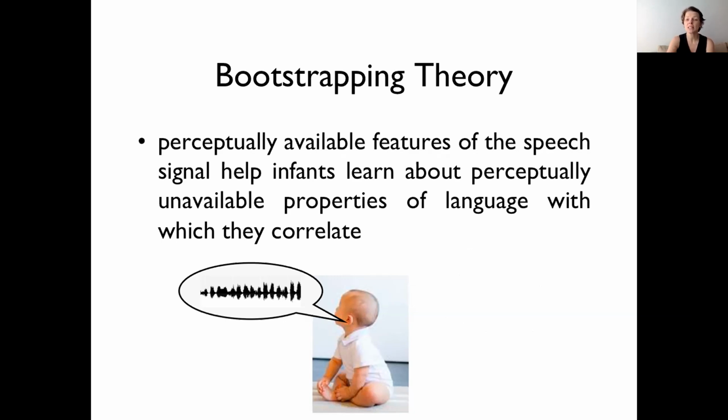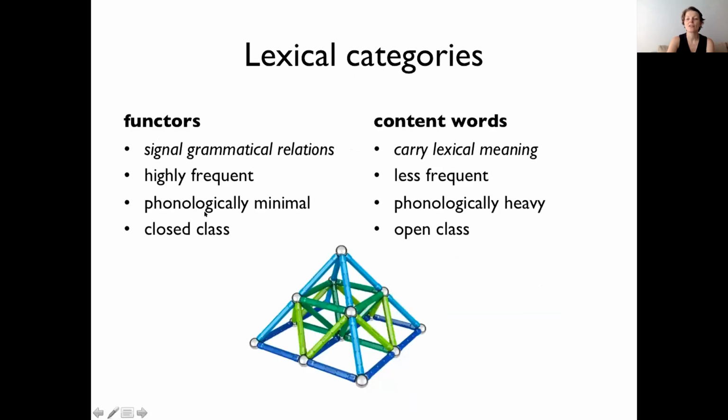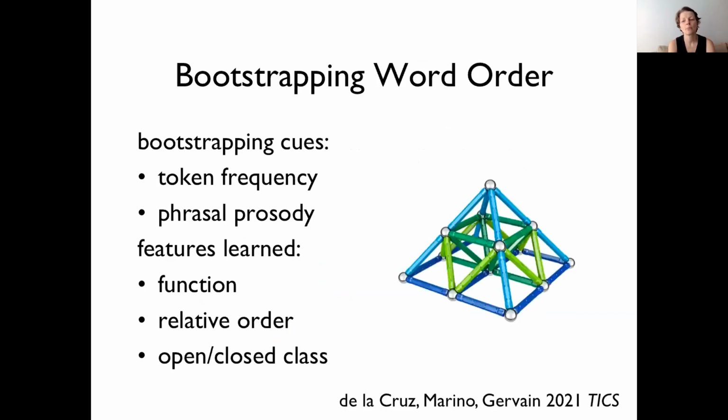So it is, of course, not always the case that every functor is entirely phonologically minimal or every content word is infrequent. Obviously, this is not the case, but on average, these properties hold. And so specifically, what I'm hoping to show you today is that relying on two specific cues, namely token frequency and phonology, so in particular phrasal prosody, babies show sensitivity to the difference between functors and content words, and they show sensitivity to how differently they function, so that functors actually serve to indicate structure.